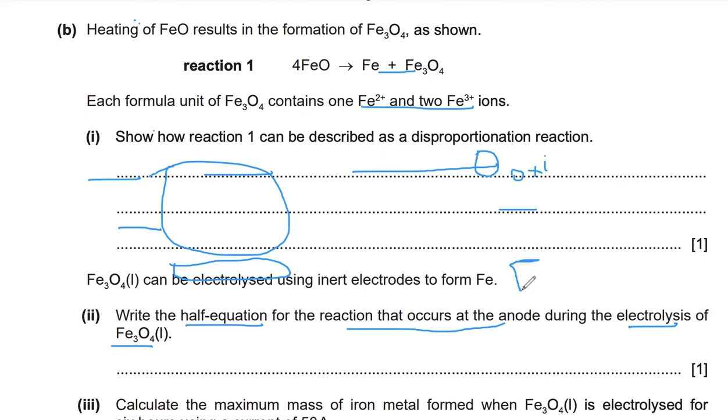So it's Fe plus 3 and O minus 2, or this could be plus 2 as well.